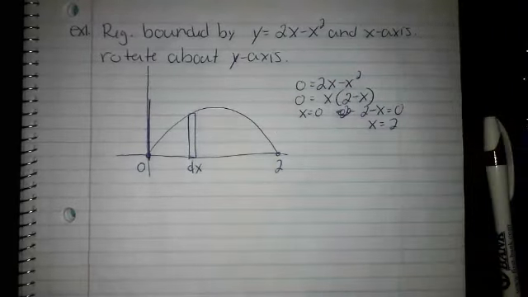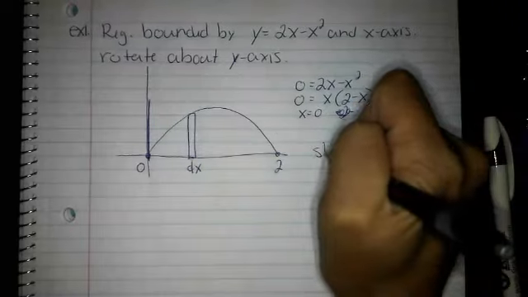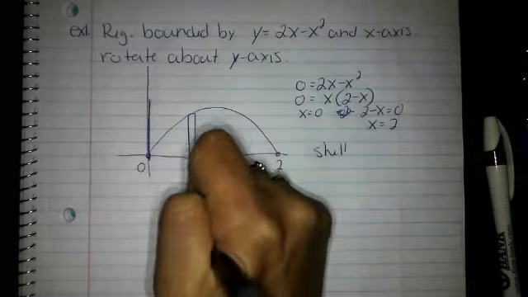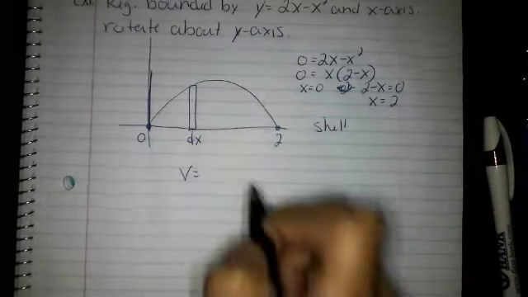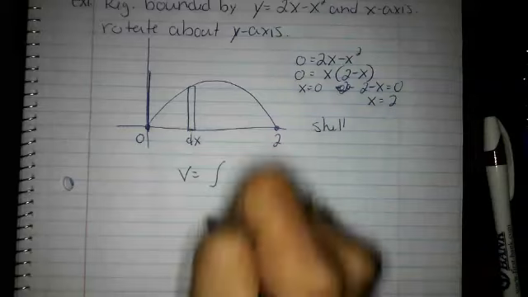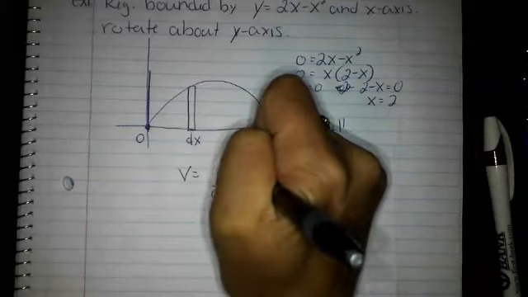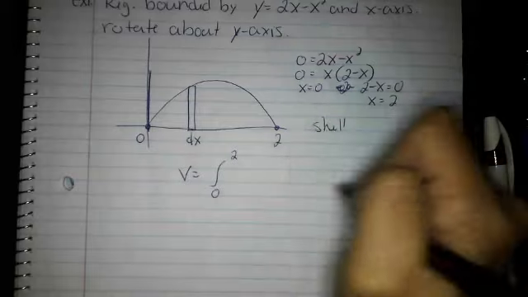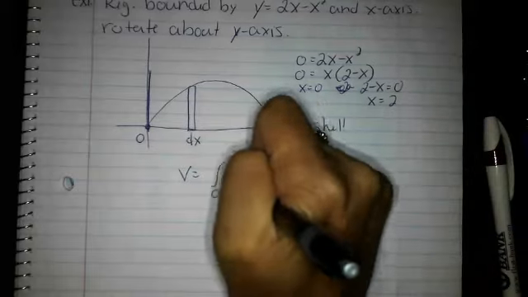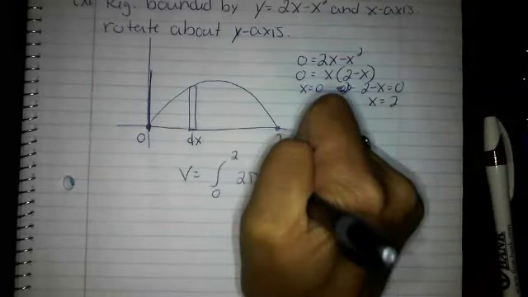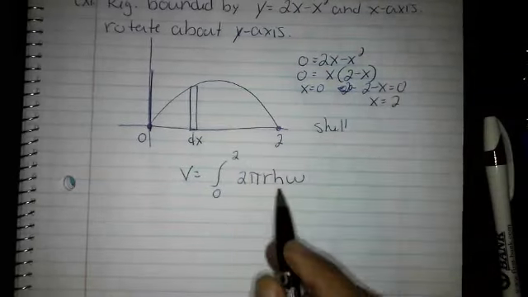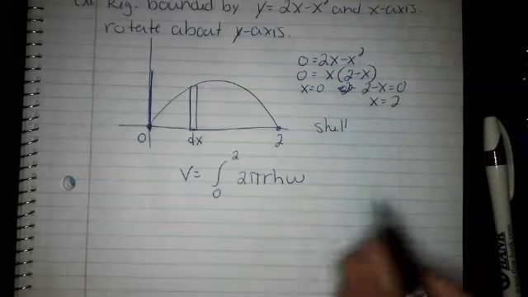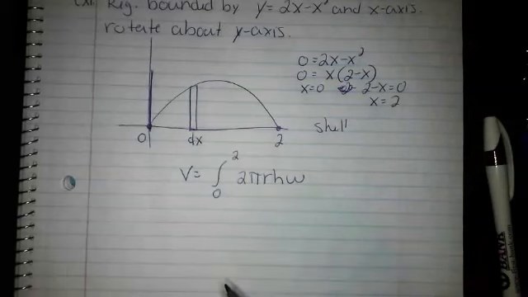So, shell formula. Volume will equal the antiderivative from 0 to 2. Shell formula is 2 pi RHW. So, I'm going to write that in here again, 2 pi RHW. I'm going to identify the R, the H, and the W off to the side, then come back and fill it in.